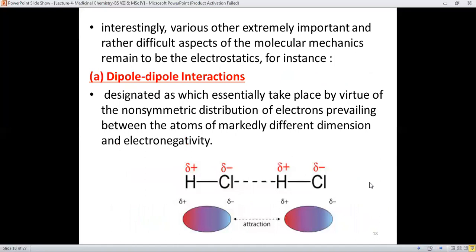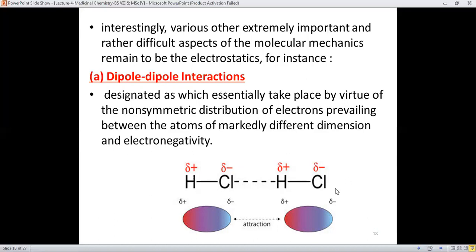Interestingly, various other extremely important and rather difficult aspects of molecular mechanics remain, namely electrostatics. First is the dipole-dipole interaction, and you know the dipole-dipole interactions very well. These are due to the non-symmetrical distribution of the electronic cloud prevailing between atoms that differ in electronegativity.